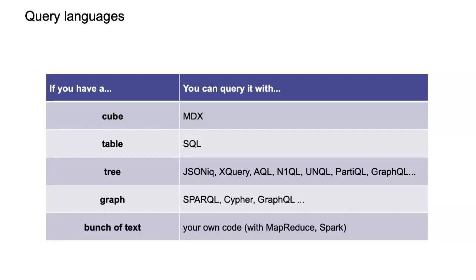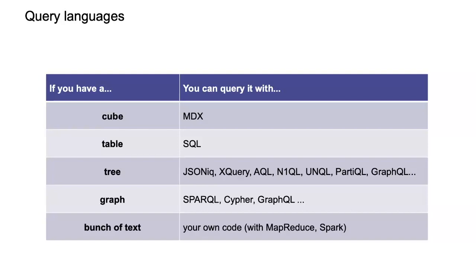So we covered JSONiq. For graphs, there's SPARQL, not to be confused with Spark SQL. SPARQL, Cypher, GraphQL, and so on and so on. GraphQL, I didn't really know where to put, right? Because technically, I could also have put it in trees, because even though it's called GraphQL, it could be used with JSON too. All right.